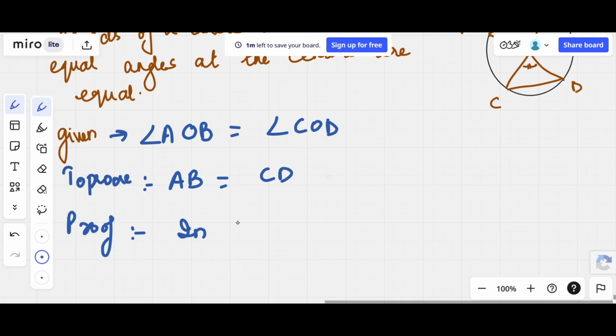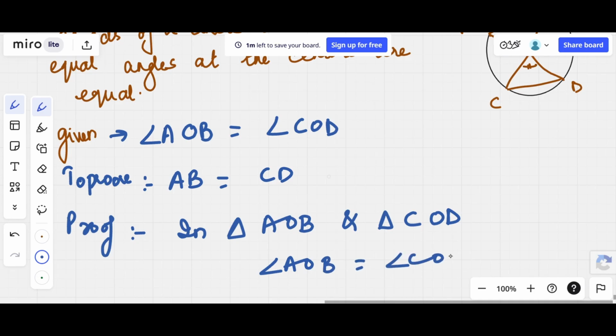In triangle AOB and triangle COD, what is equal? Angle AOB equals angle COD, that is given.